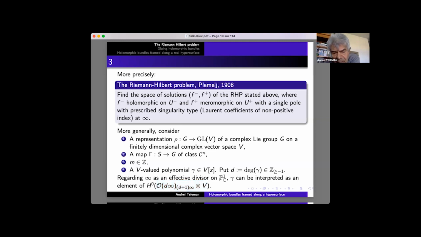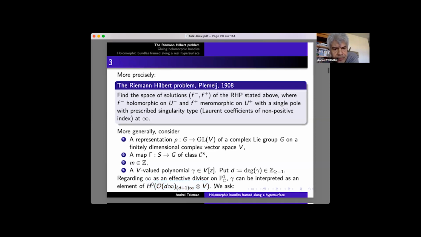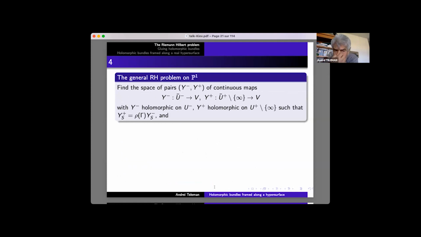Okay, gamma can be interpreted as an element of this space of sections of a torsion coherent sheaf on P1. And then we ask, find the space of pairs in the same spirit as the original Riemann-Hilbert problem, y minus, y plus.